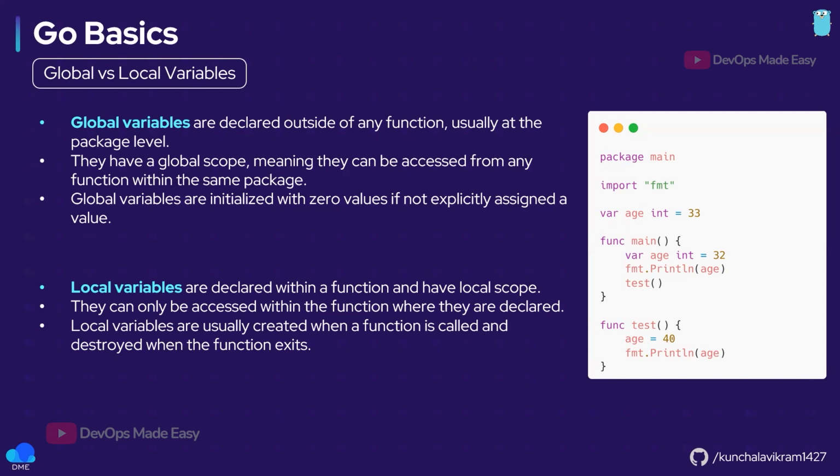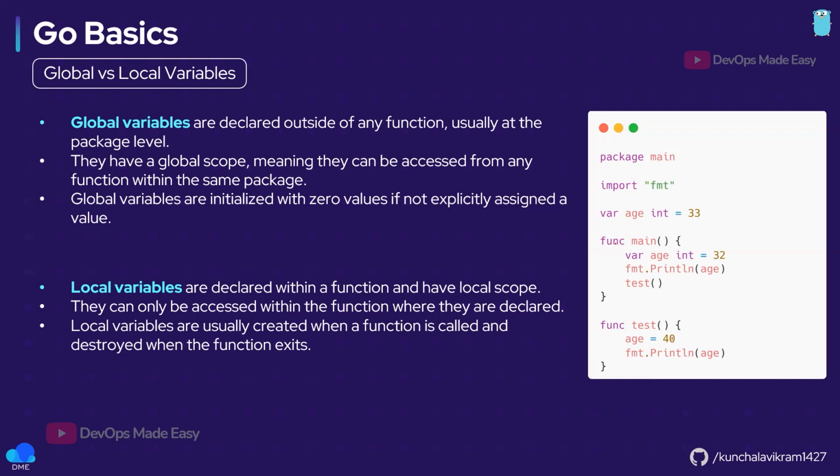So what is the meaning of global and what is the meaning of local? Any variable that you define at the package level, or at the global level, is a global variable. We know we'll have a lot of functions in our Go code. Here I have a function known as main and another function known as test.